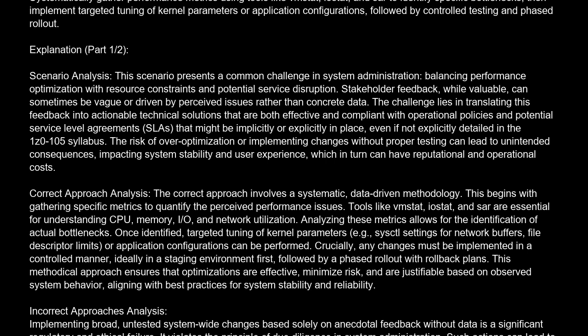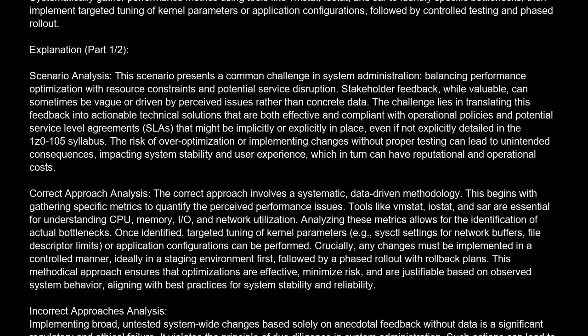Explanation: scenario analysis. This scenario presents a common challenge in system administration, balancing performance optimization with resource constraints and potential service disruption. Stakeholder feedback, while valuable, can sometimes be vague or driven by perceived issues rather than concrete data.